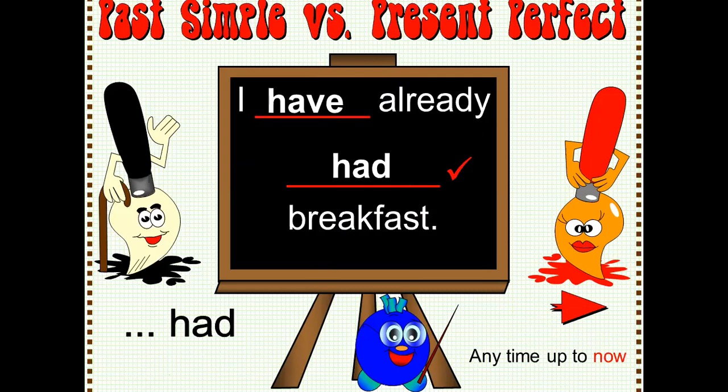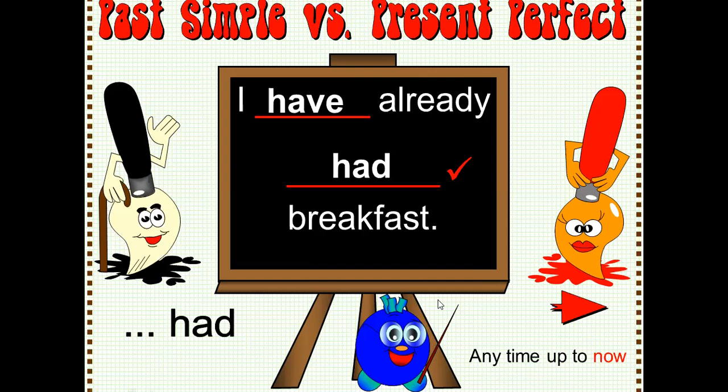Okay, it's not a certain point. It's not a limited point, but at any time up to now. I have just finished maybe, but we understand from the sentence that the effect of the tense still exists up to now.